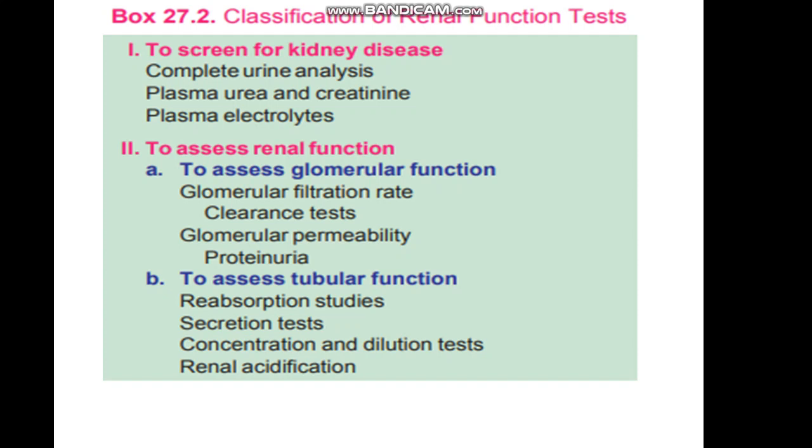After we assess the glomerular function, we can also assess the function of tubules, for which we do reabsorption studies, secretion tests, concentration tests and dilution tests. Then renal acidification.